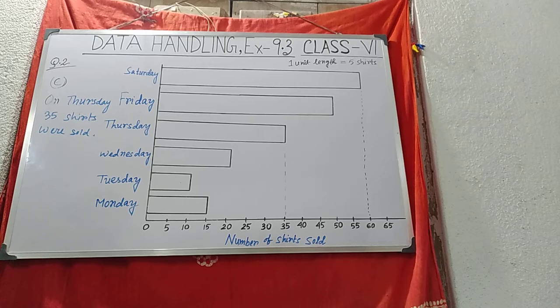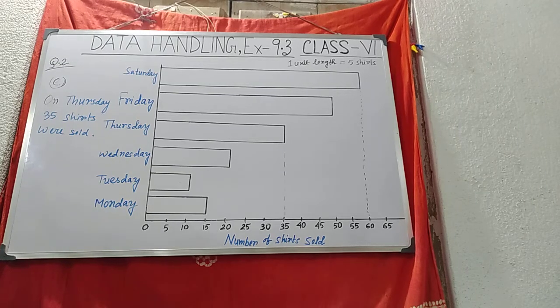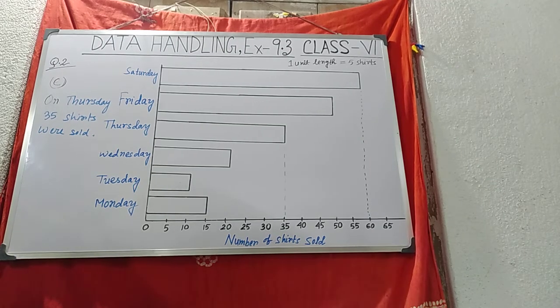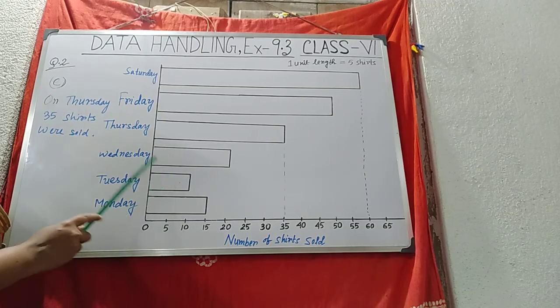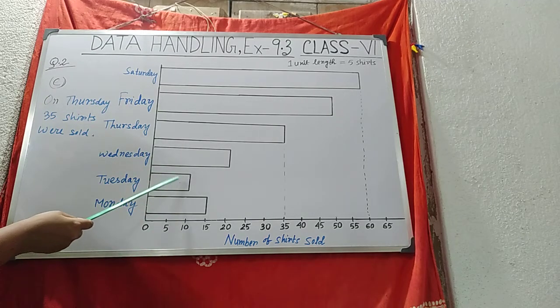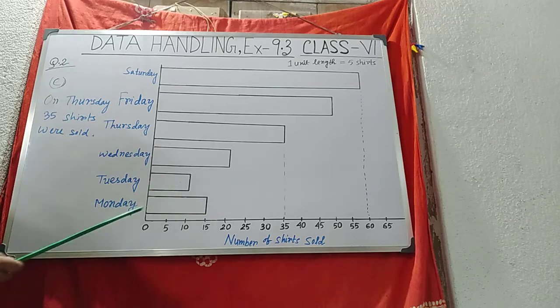Now we move to our fourth question, on which day were the minimum number of shirts sold? Minimum number of shirts sold means we have to check the bars again. The bar which has the shortest height will be our required answer. Here we can see that the bar on Tuesday has the shortest height, so on Tuesday the minimum number of shirts were sold.